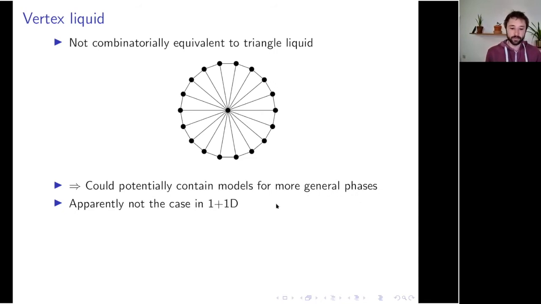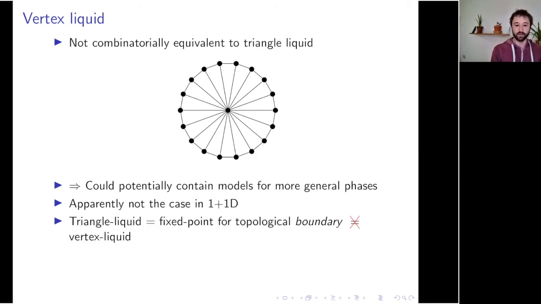However, for physical tensor types in 1+1 dimensions, this is not the case. This is simply because phases in 1+1D are essentially classified also away from the fixed point, and there's simply no new topological phases there to expect.